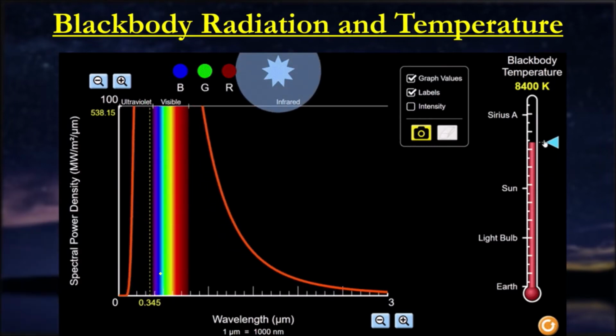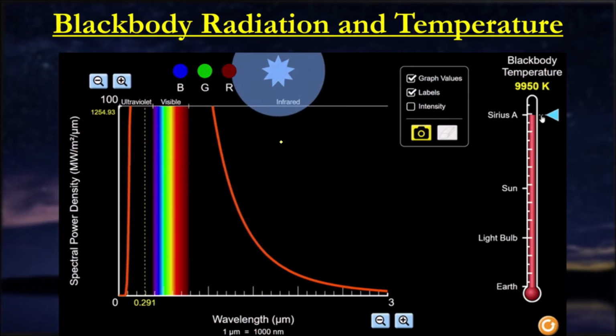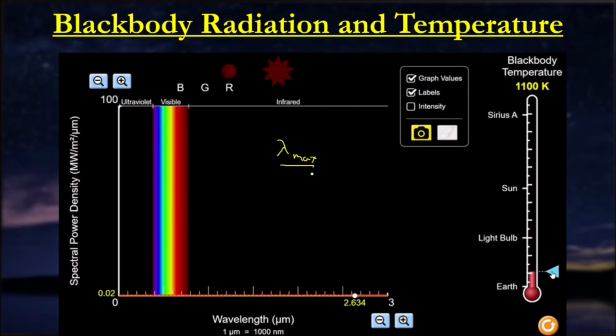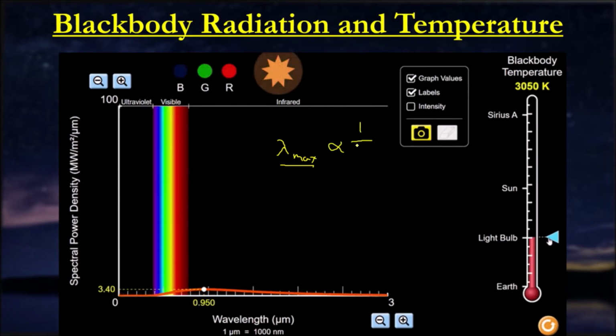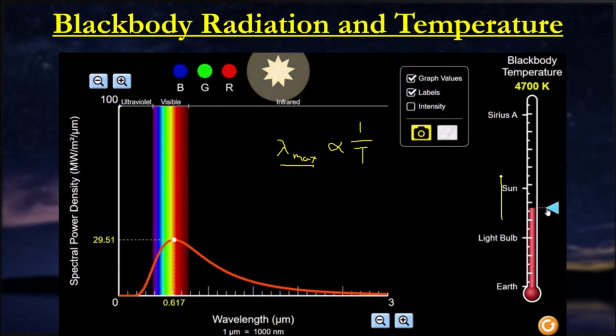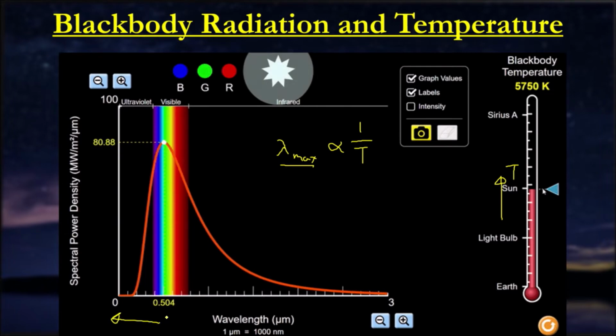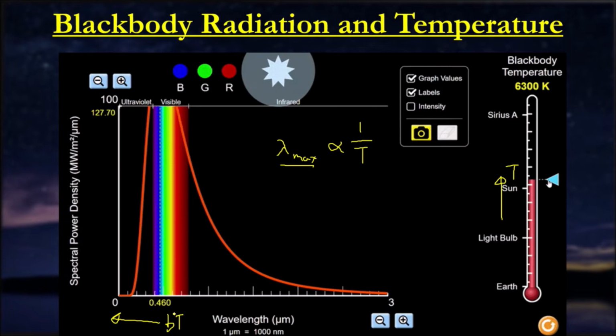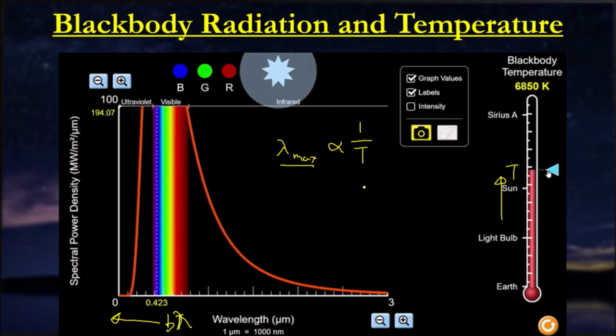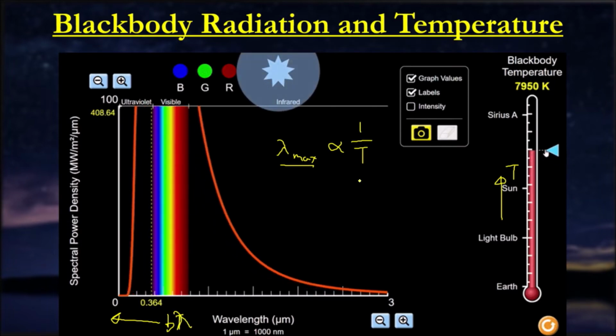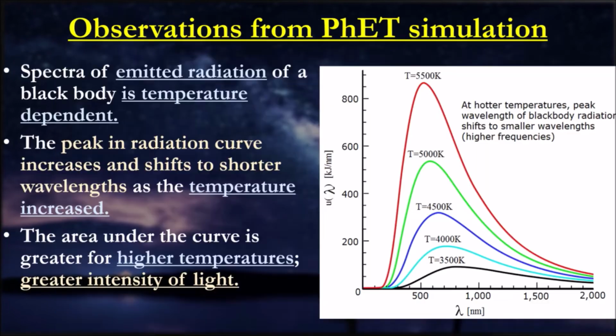We can state that the peak wavelength that's being produced is inversely proportional to the temperature of the object. As you can see, as my temperature is increasing, the wavelength that's being produced, the maximum intense wavelength, is going down. That's a relationship that we can see from this image here.